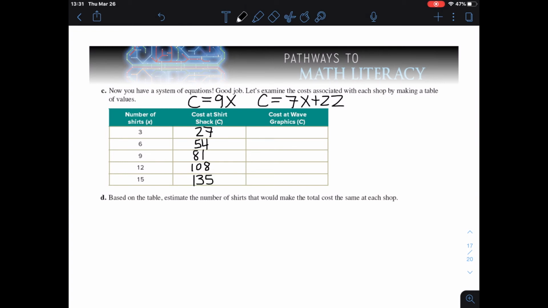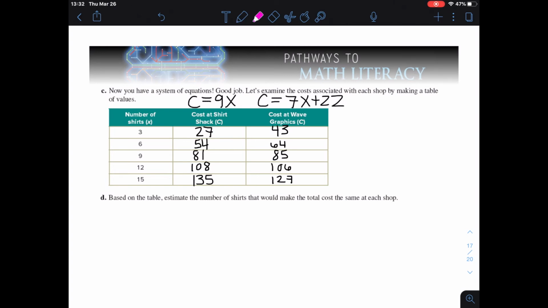For Wave Graphics, we saw when we ordered 3 shirts, it'd be $43. For 6 shirts, 7 times 6 would be 42, plus another 22, you'd get $64. Then you'd see it's 85, 106, and 127.